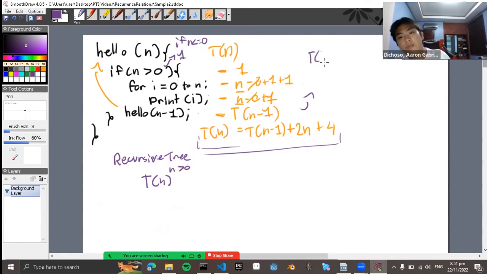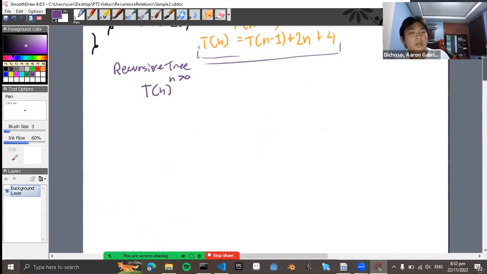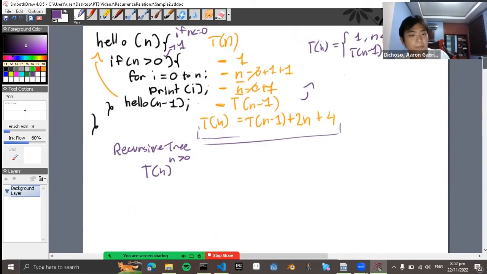Therefore, the whole function should be T of n is equal to 1 if n is less than or equal to 0, or T of n minus 1 plus 2n plus 4 if n is greater than 0. Okay?